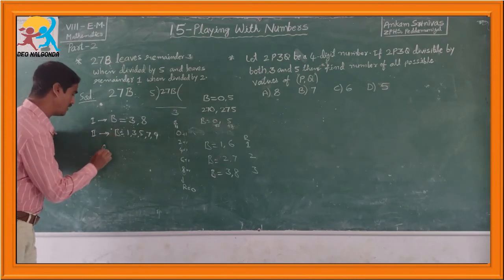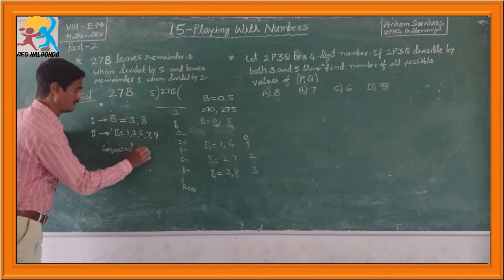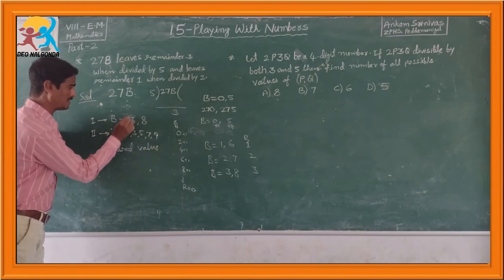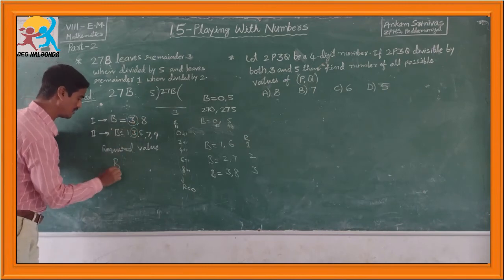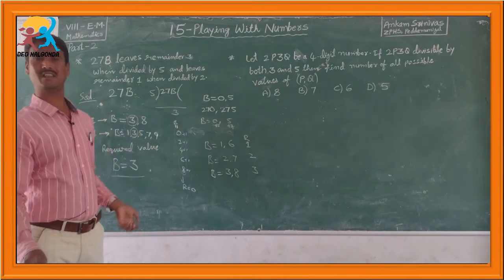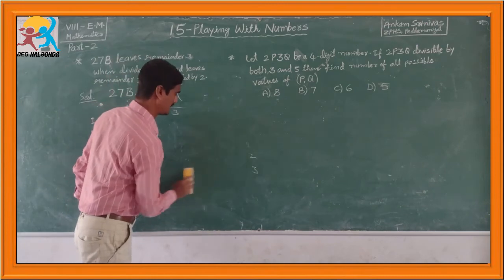Now what is the common number here? The common number is 3. So the required value is b equal to 3. So very easily you can find the values for the given conditions.